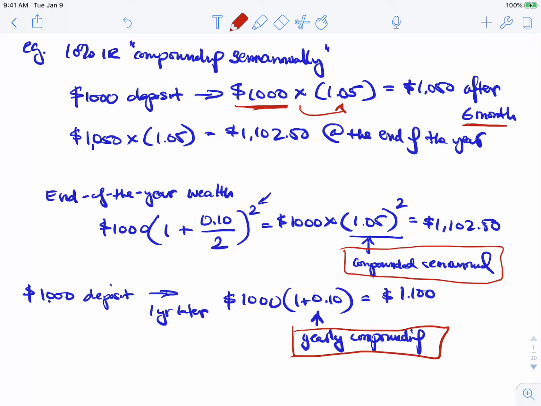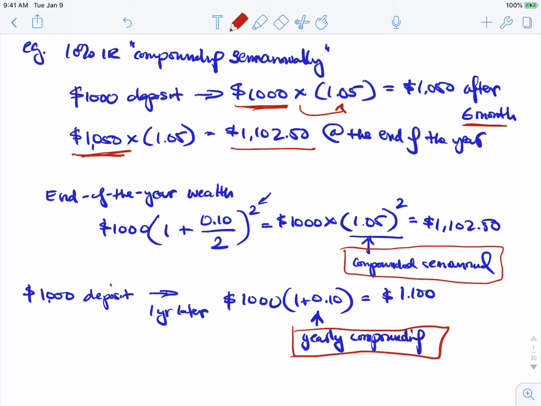But now the base changes. So now the new base for the next 6 months is 1,050 times 1.05. At the end of the year, you get 1,102.50.